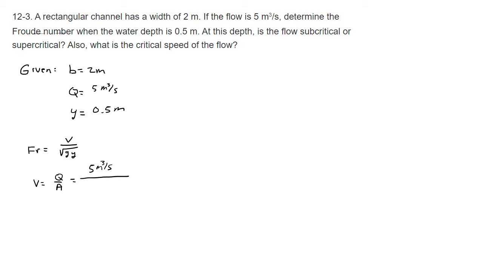So what's the area? It's a rectangle, so it's the width times the height. So it's 2 meters and 0.5 meters. So this turns out to be 5 meters per second. That's the velocity.